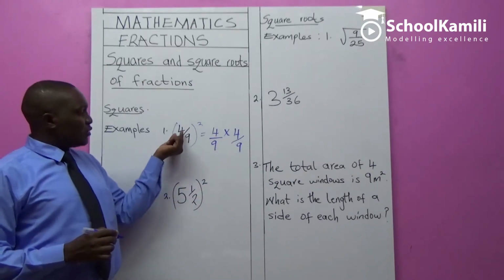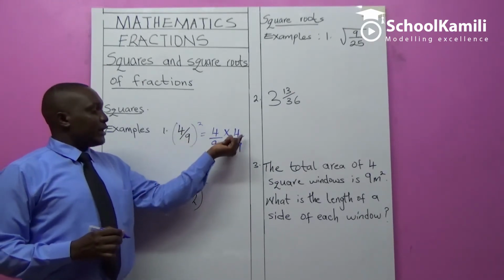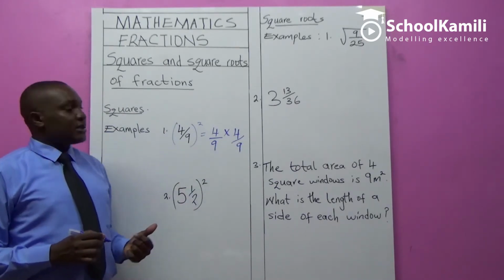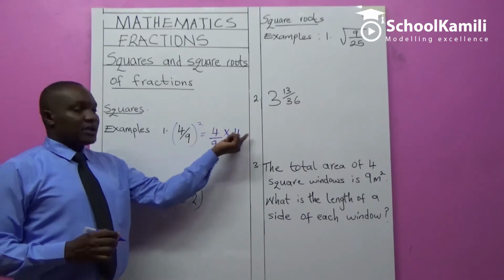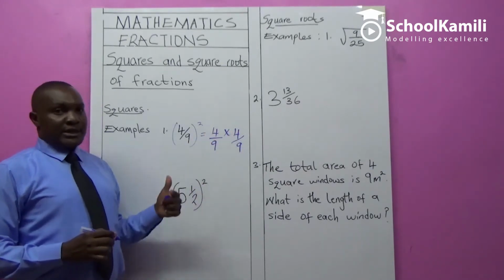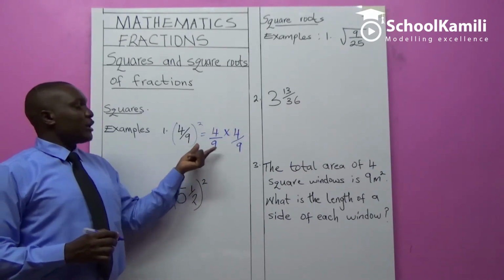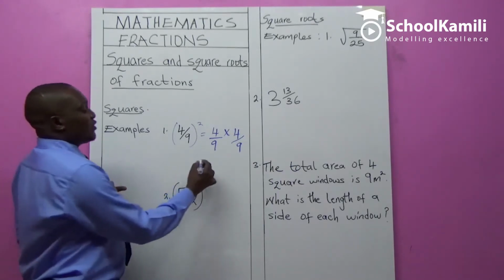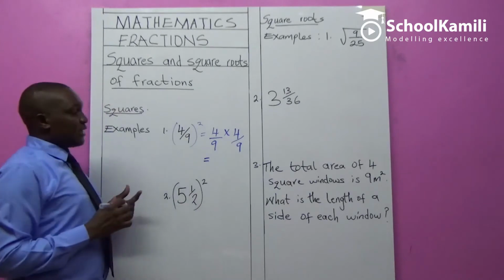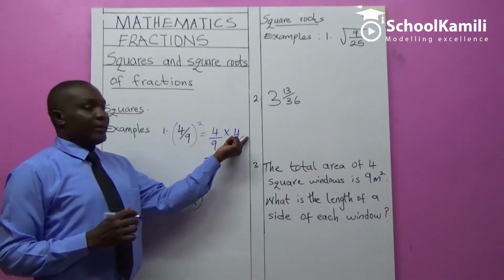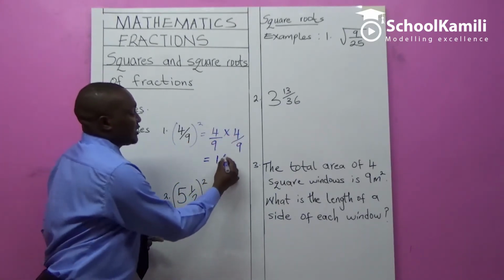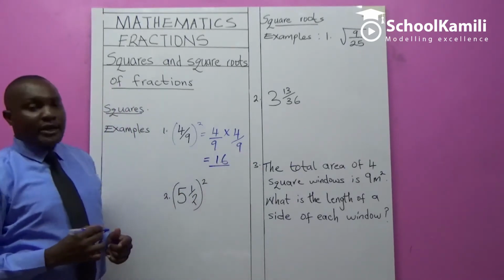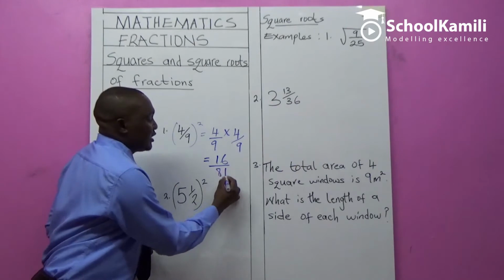So take this fraction, which is 4 over 9, and multiply again by 4 over 9. We have learned how to multiply fractions: multiply the numerators first, then the denominators. But if there is simplification, you can simplify those numbers. Here, we multiply the numerators, 4 multiplied by 4, which gives us 16, over 9 multiplied by 9, which gives us 81.